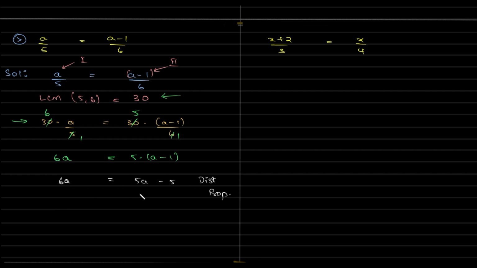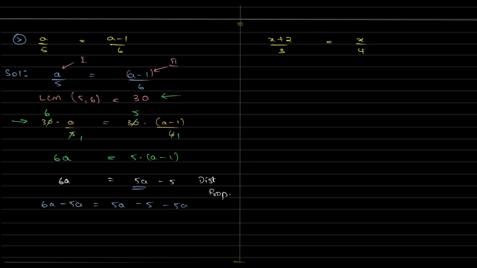Yeah, let's come back. Now this became a simpler question. All I have to do is eliminate constants and variables. So on the left hand side there's no constant other than 6, and on the right hand side I have the variable, so I need to eliminate that first. So 6a is equal to 5a minus 5, negative 5a on both the sides, right?